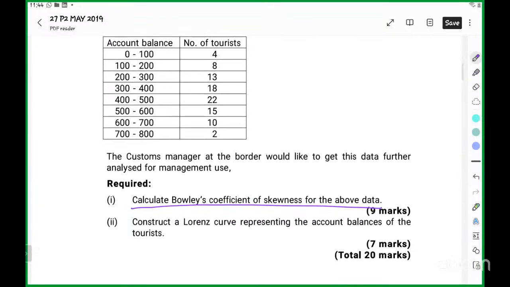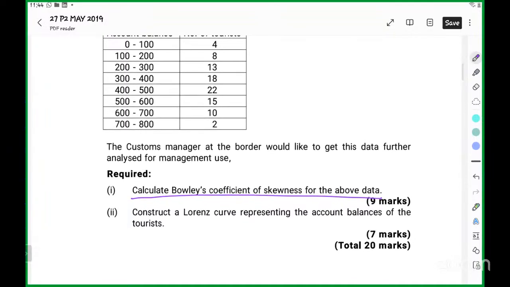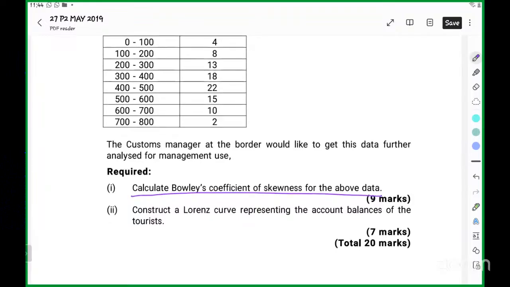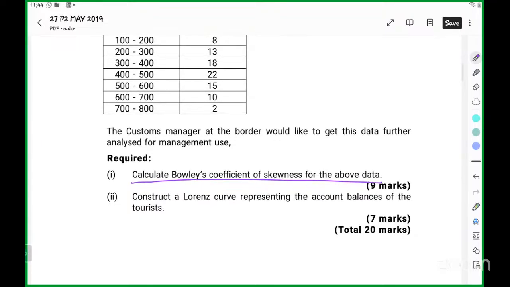The customs manager at the border would like to get this data further analyzed for management use required. Calculate Bowley's coefficient of skewness for the data above. And then number 2, construct a Lorenz curve representing the account balances of the tourists.